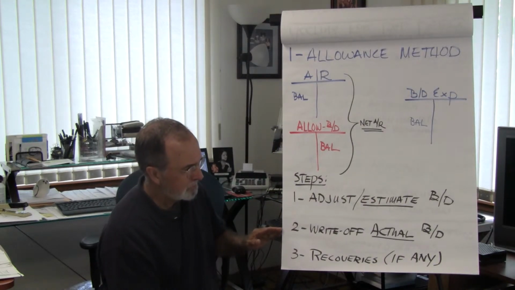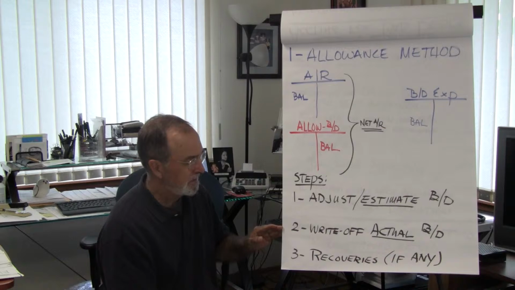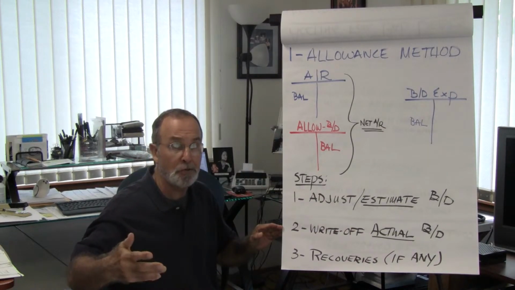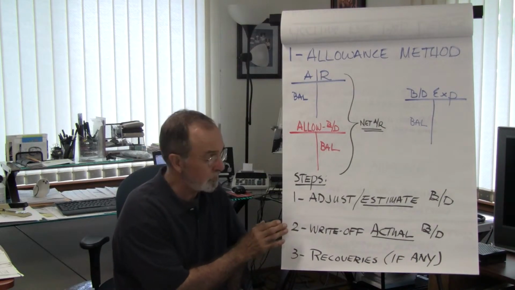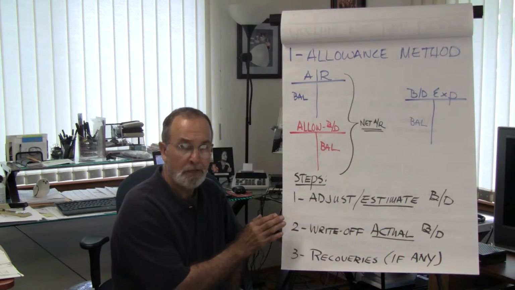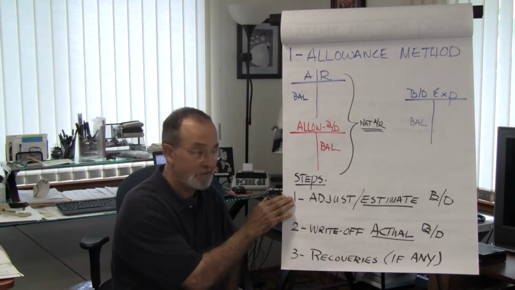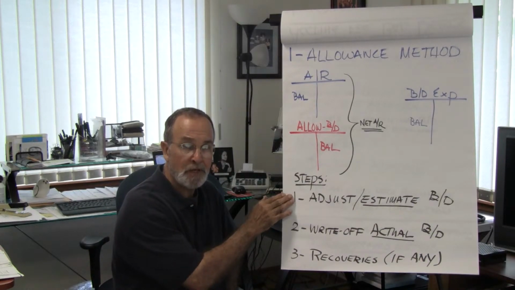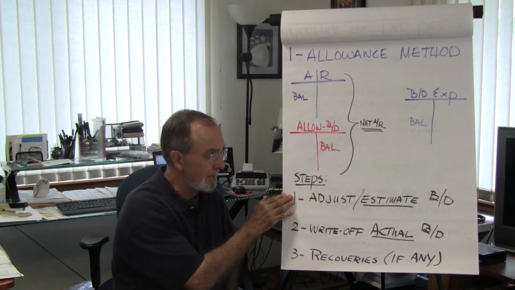The second step, which is a regular journal entry that can happen at any time during the year, and in fact it can occur multiple times during the year, is the actual write-off of actual bad debts. Now, keep in mind, in the first step, we are estimating bad debts. We are coming up with an amount of our accounts receivable that we estimate or think we may not collect.